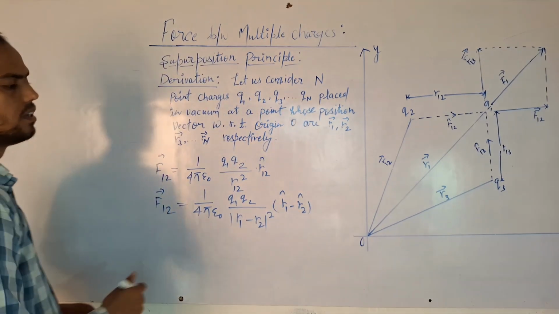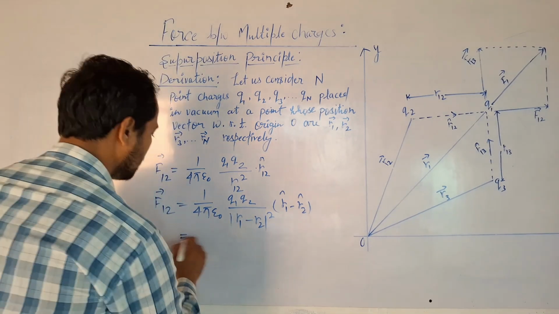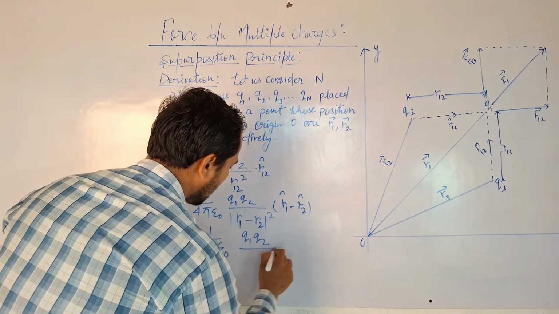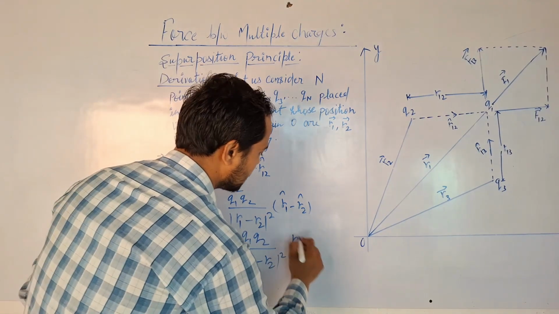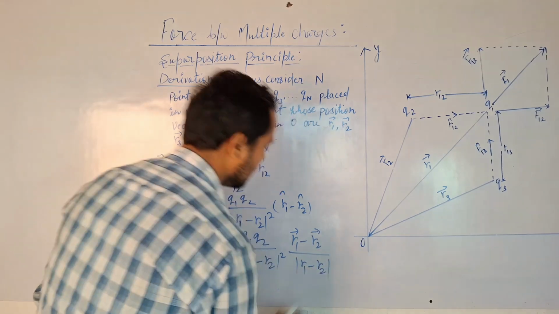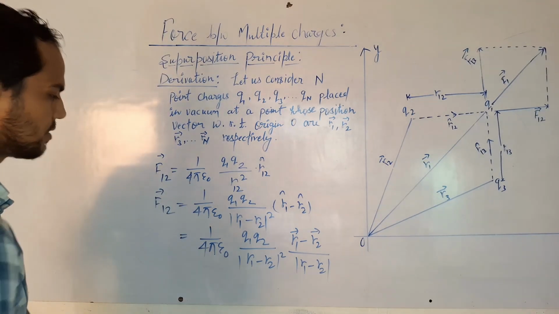And now we use the unit vector in terms of the position vectors. So we can write 1 upon 4 pi epsilon naught, Q1 Q2 upon mod R1 minus R2 square, and the vector R1 minus R2 upon mod R1 minus R2. This is the product, and we get the cube of mod R1 minus R2.